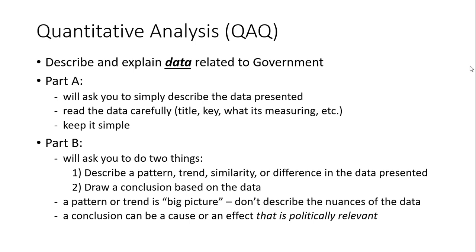Don't make up some bizarre hypothetical cause or effect, perhaps the data is that way because aliens came down and forced people to do this. Keep it politically relevant. In this part, you're showing that you know something about government. Maybe it's not explicit in the data, but you're connecting the data to other big ideas that you've learned, okay?